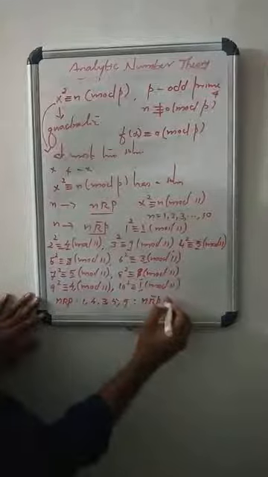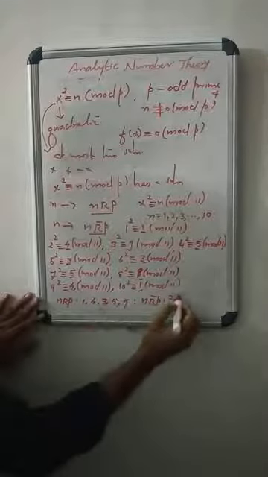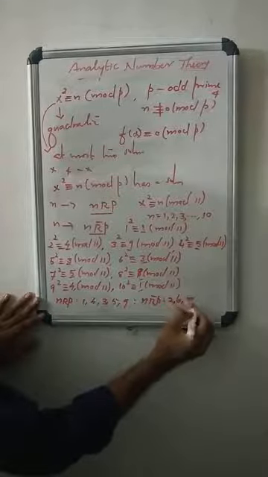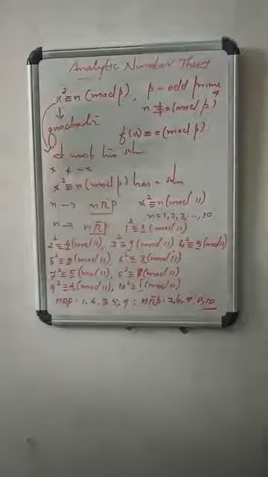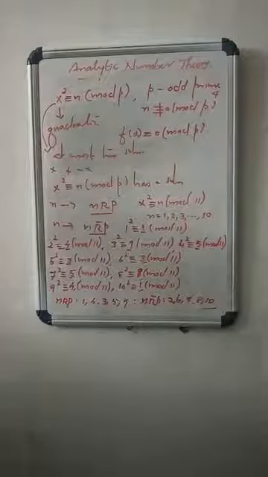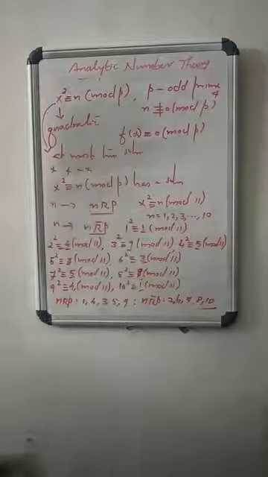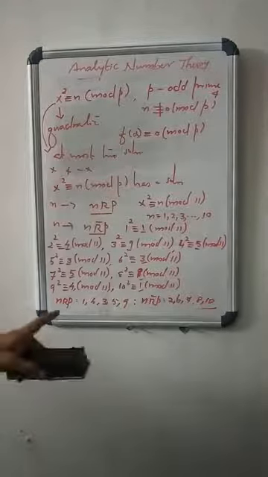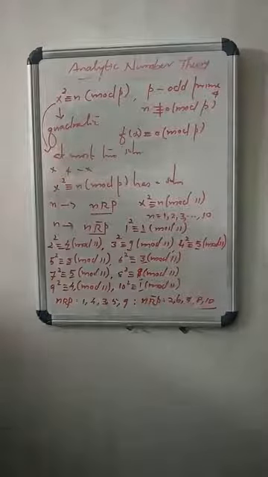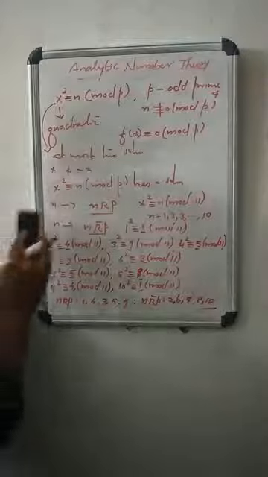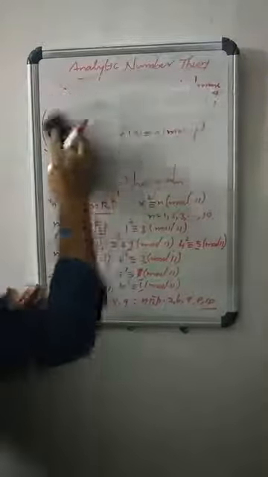There is no 2, so 2, 6, 7, 8 and 10. So these are the quadratic non-residues. Okay, so these are the quadratic residues and the quadratic non-residues.